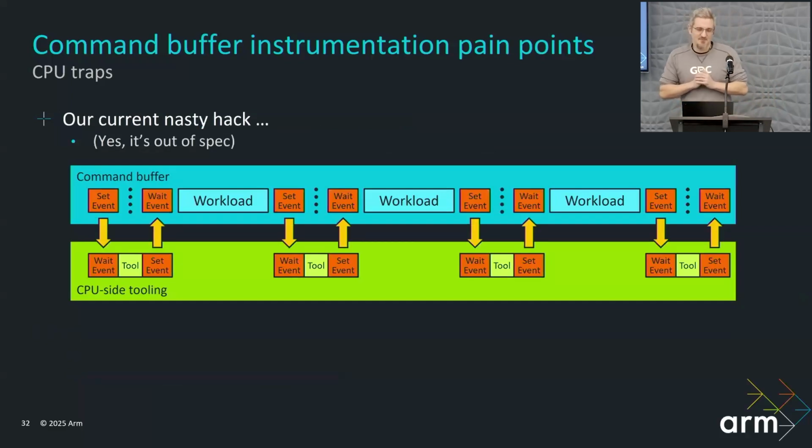Currently, and this happens to work on Mali, is to basically put set event, wait event pairs between every workload, and then the inverse pairs in our post submit stream with wait event and set event, and we can stuff some tooling in the middle, and this works brilliantly. So all of our tooling does this. It's probably not going to work on a discrete card, surprisingly enough, but from a layer editor point of view, this is super trivial, right?